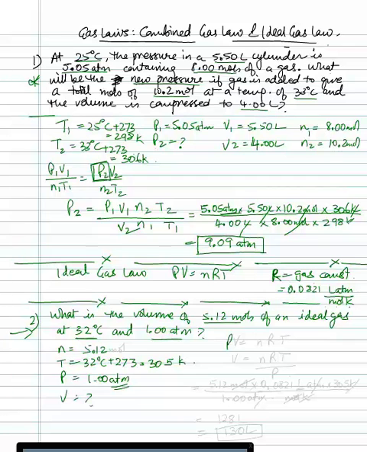All right, so PV is equal to nRT. We're calculating for volume, so that's nRT over P. Cross multiplication works really great. And so then our n is 5.12 moles. R is 0.0821 liters atmosphere, remember, divided by mole Kelvin.